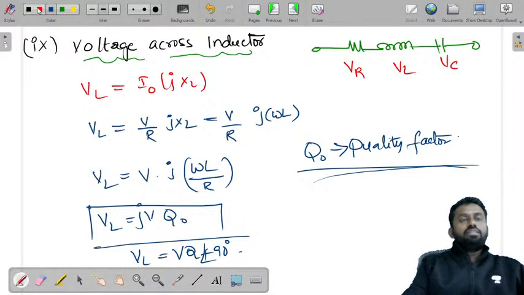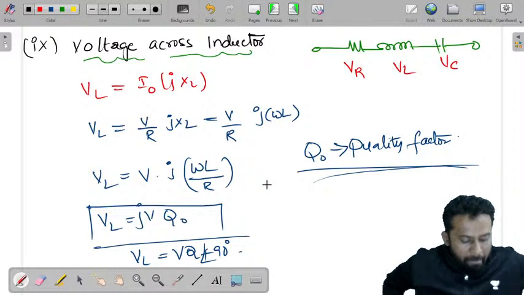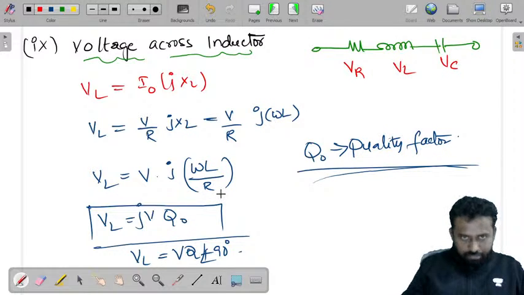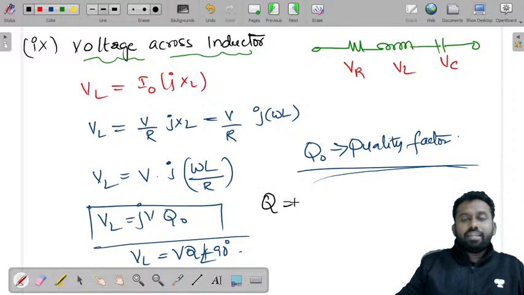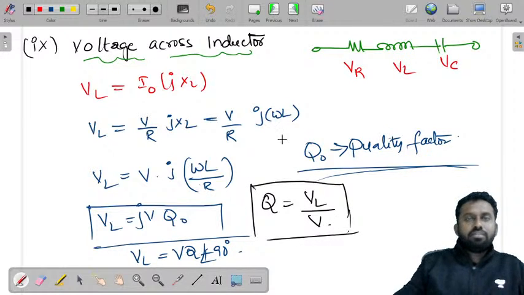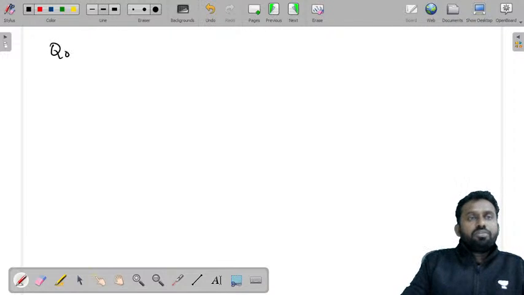So that is quality factor equal to VL by V. We call this a voltage magnification circuit, and you can also find Q naught is omega naught L by R.